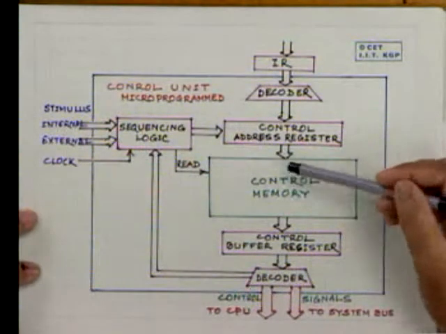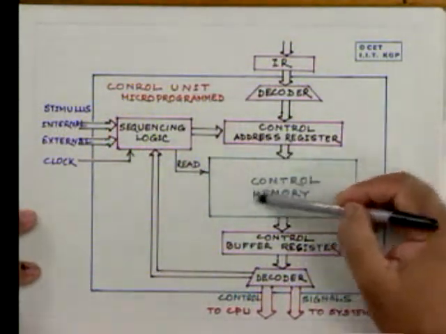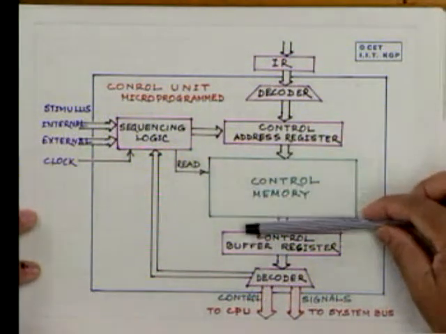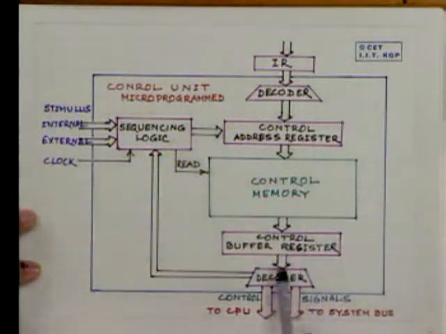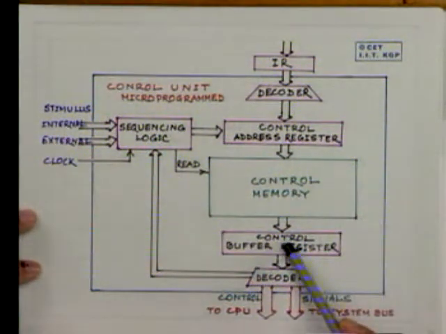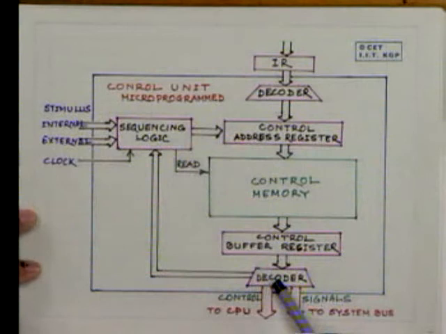Now, naturally, the content of the control memory at that control address register is fetched, is read, and comes to what we call the control buffer register instead of memory buffer register, right? That buffer register is decoded.